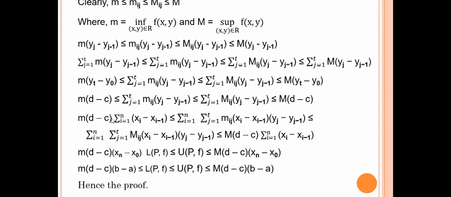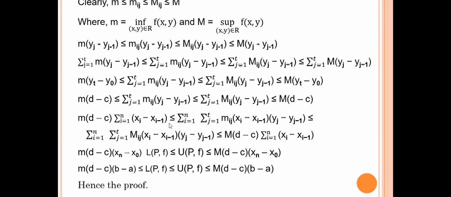Now what you have to do is you have to multiply the whole thing again, take the summation of x_i minus 1 in the whole terms, okay, so you will get this one, this whole big term.